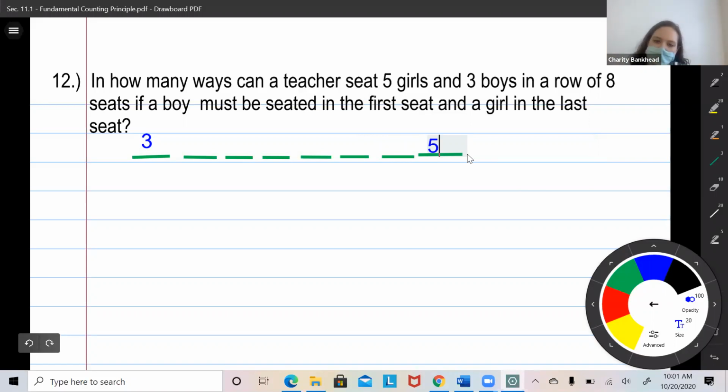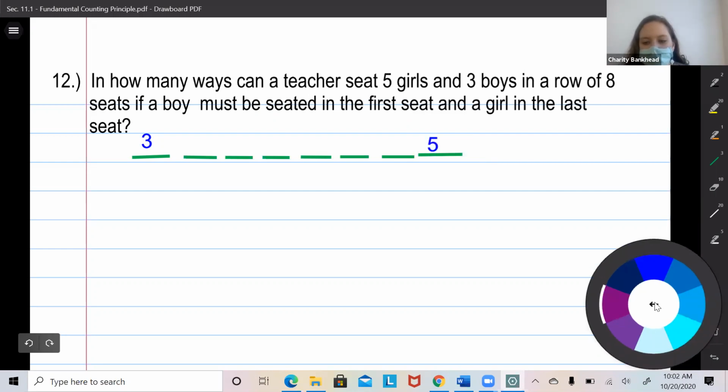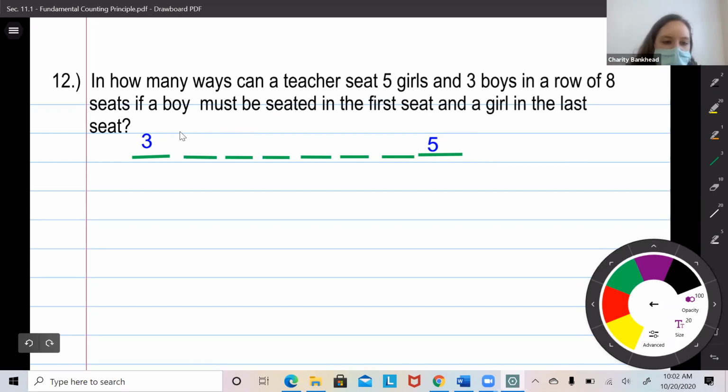So now after we've selected those 2 people, how many people are left to be seated? We started out with 8 people, we've seated 2 of them, so now we have 6 people left to be seated. So the next seat, there's going to be 6 people left to be possibly seated in that seat.